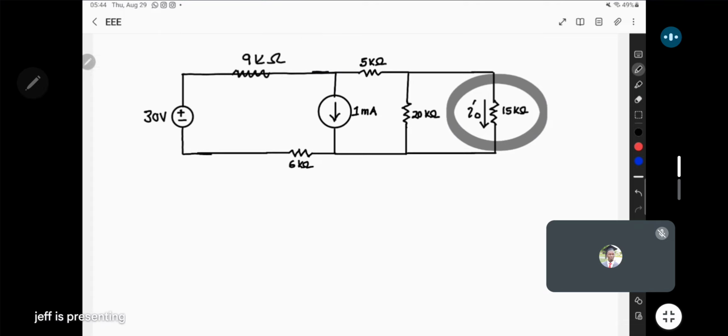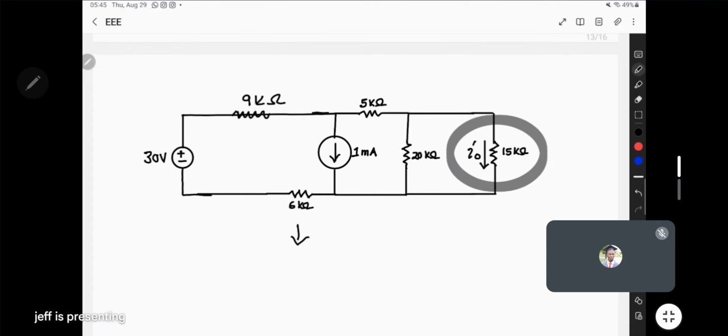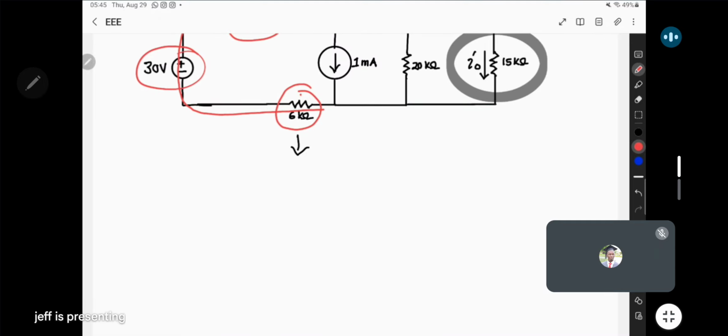Other than that, something else also happens. You see, the current that will be passing in this line from here all the way up to here is the same current. So we can argue that not only is the 9 and the 30 in series, but they are also in series with this 6 that is here. So these three elements are in series with each other. Therefore, we might as well just add the 6 and the 9, making them into one element.